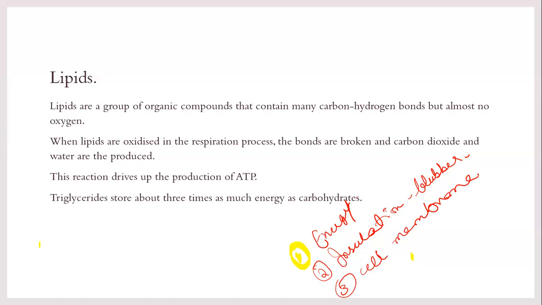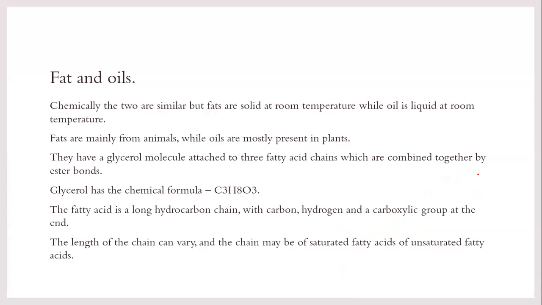Once again, you can see lipids have quite a major use. We need them to make the cell membrane and the different vesicles that we can see within our cells. So lipids have a variety of different uses inside our body.